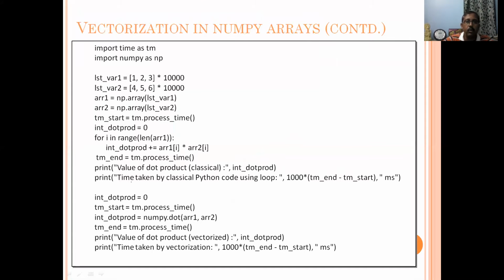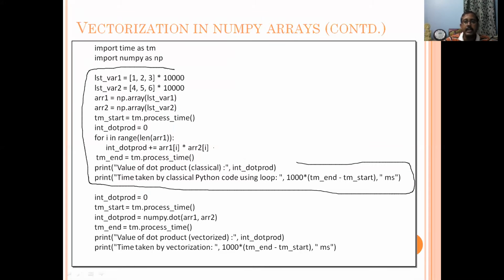So this is a code which we are going to execute in Google Colab. In the initial portion of this code, it basically uses traditional Python code where, element by element, there are two arrays which have been created, and the two arrays are quite large. We have used a list having three elements and multiplied it 10,000 times.